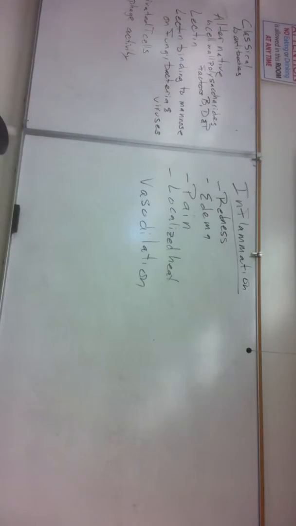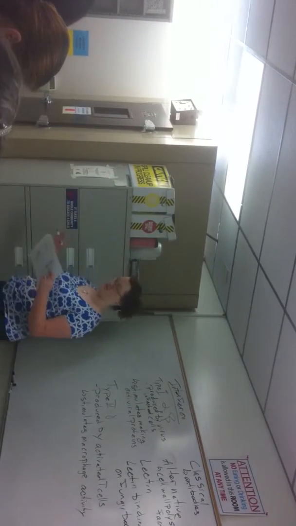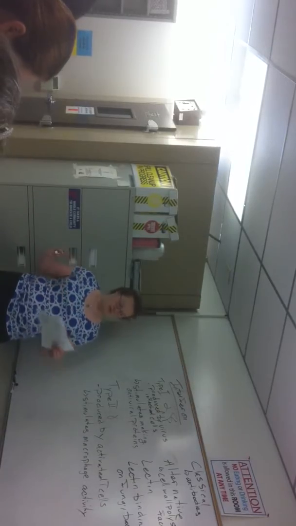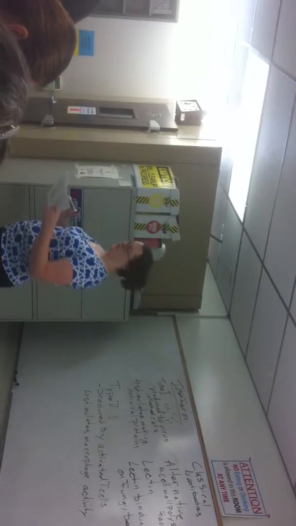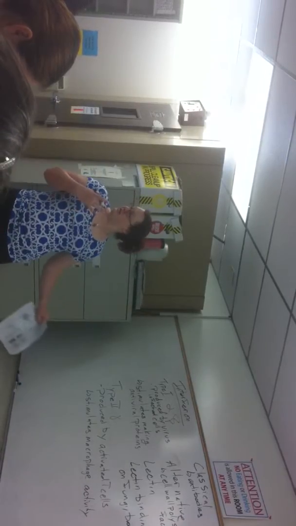You're going to be increasing your blood vessel's diameter, and it also increases the permeability of that blood vessel. It's caused by histamine release, by the basophils that we're talking about. Basophils are part of what part of your blood? White blood cells. Okay.